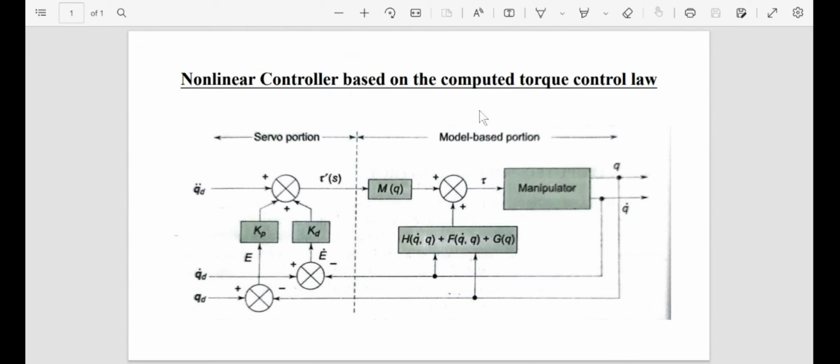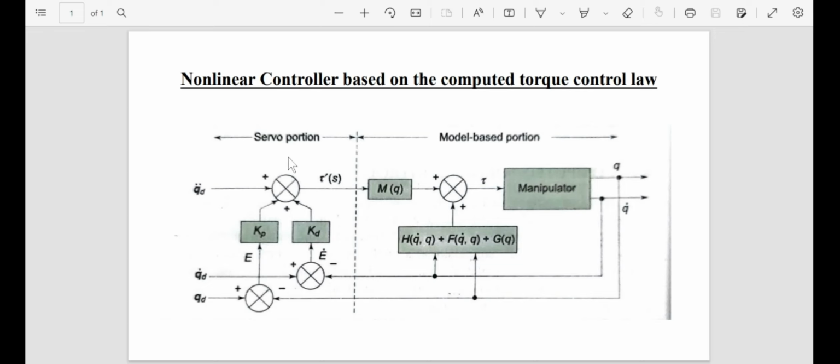This is the block diagram for a nonlinear controller based on the computed torque control law. Here we have two portions, a servo portion and a model based portion. The output from the servo portion is tau dash of s, and the outputs from the model based portion are the position as well as velocity. These feed into this block, which adds to the controller, which is controlling the plant, the manipulator.